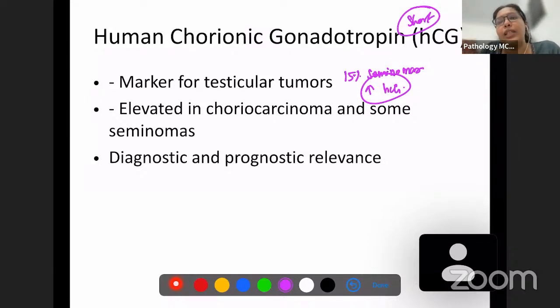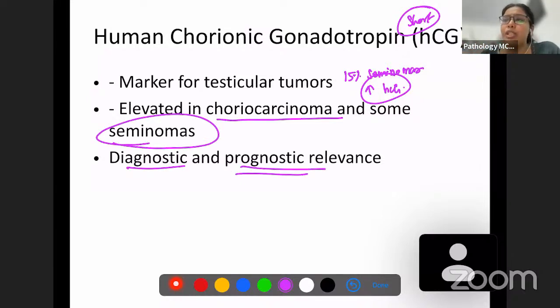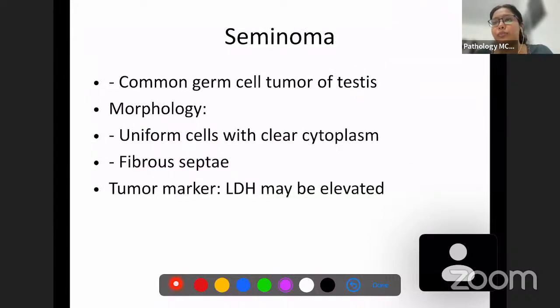These are elevated in choriocarcinomas and some seminomas. This has diagnostic as well as prognostic relevance. Always remember all these markers have diagnostic relevance, but also prognostic relevance, because after therapy they are continuously monitored to see if the tumor has regressed or not.